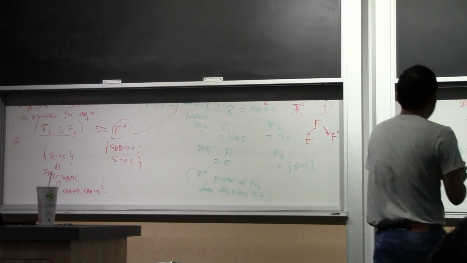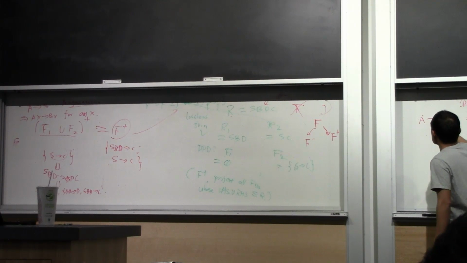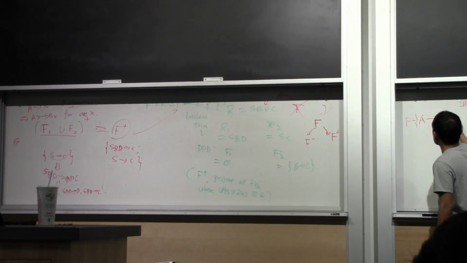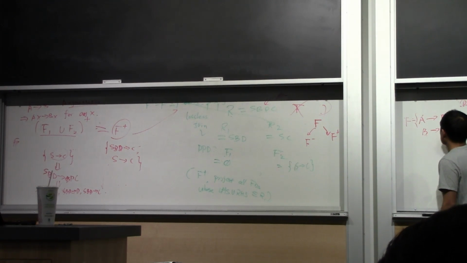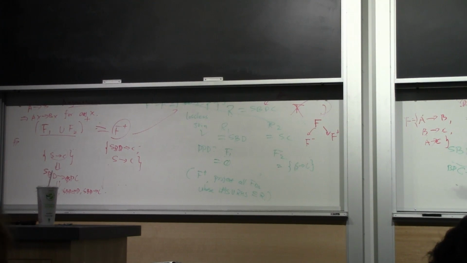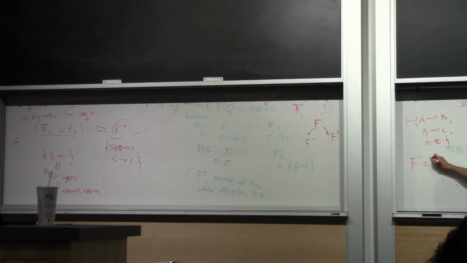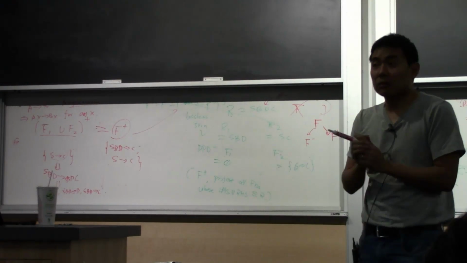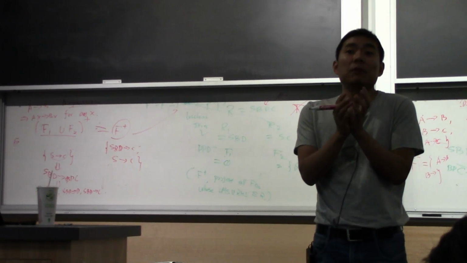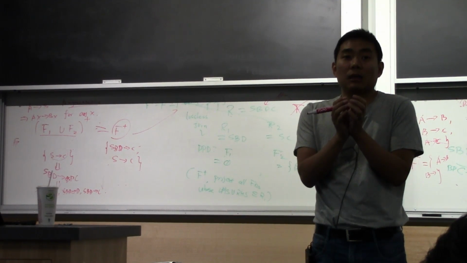To give you an example, if my input functional dependency is like this, what's my F minus? In this case, it's just A determines B and B determines C. You don't need A determines C because it's redundant. It can be derived based on other functional dependencies. So F minus is a set of minimal functional dependencies that you can derive.